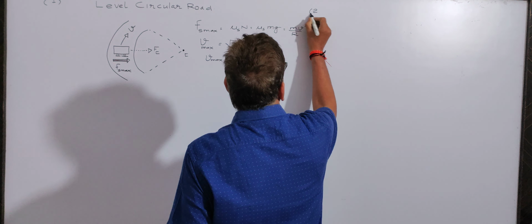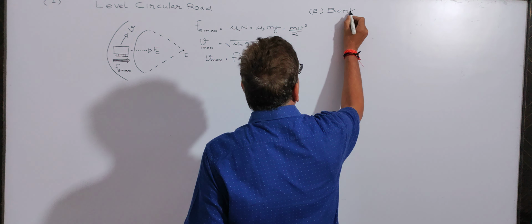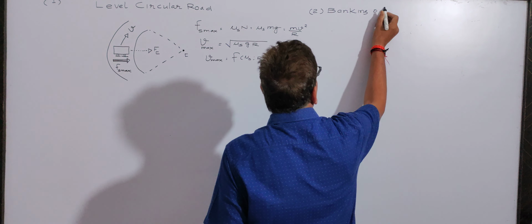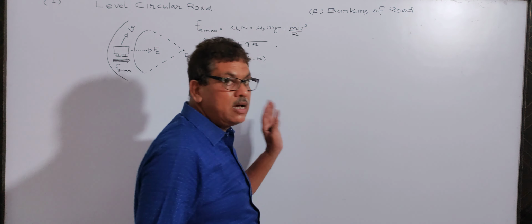Let us see what happens in the second example, banking of the road. First, it should be clear why banking is done.